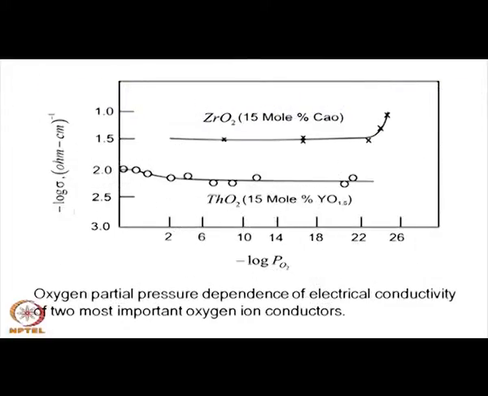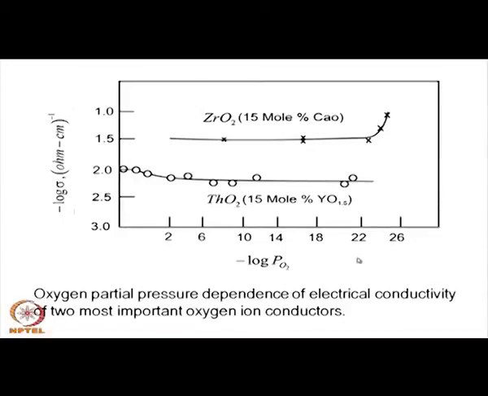In fact, if you plot the two most important oxides which are of our interest, one we have seen, zirconia calcia. So, the 15 mole percent calcia doped zirconia, this is the variation of conductivity. These are experimental plots.